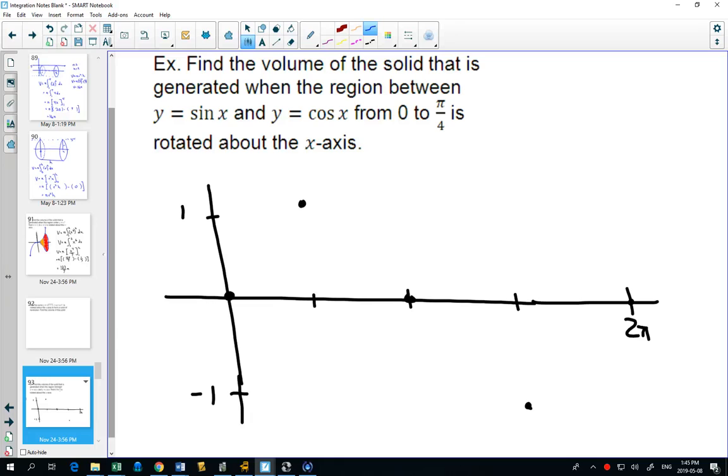I'll draw my sine graph in blue. And it would keep going. And your cos graph starts at the maximum, center line, minimum, center line, maximum.